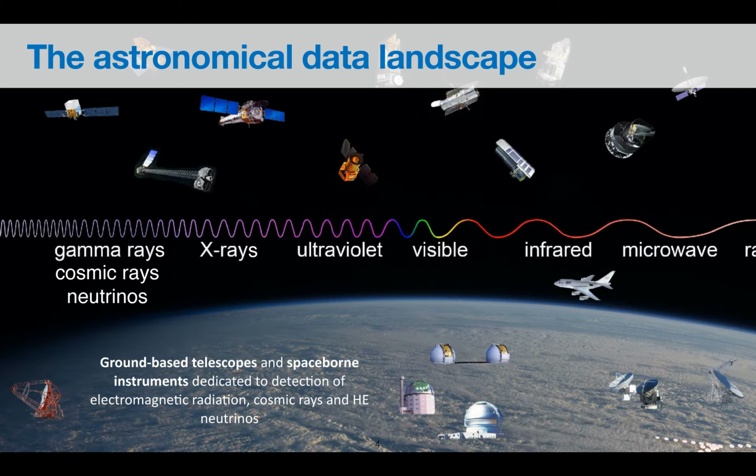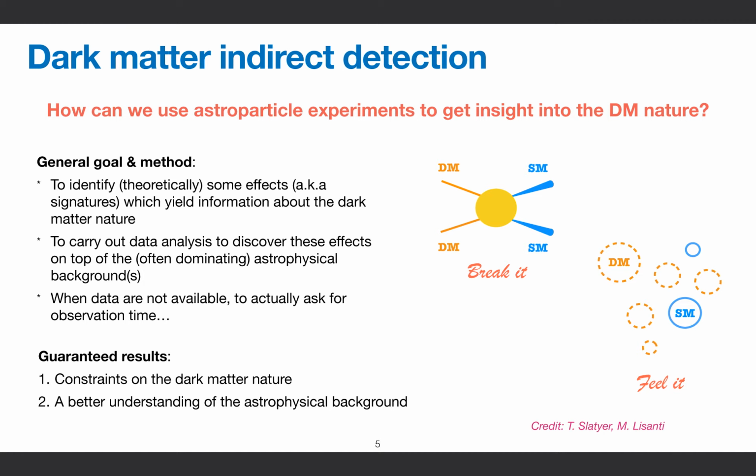On top of that, we can also probe cosmic ray particles and neutrinos with different kinds of instruments. And we can exploit all this plethora of data to try to pinpoint what the nature of dark matter is. So the idea behind dark matter indirect detection is exactly this: how we can exploit astroparticle experiments to get further insight into the nature of dark matter particles.